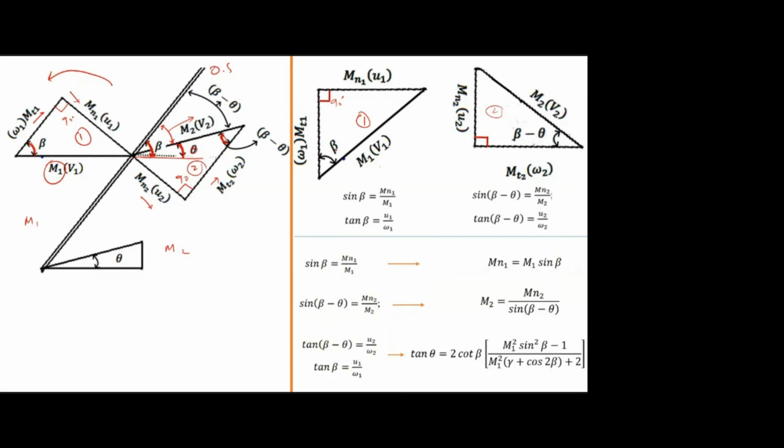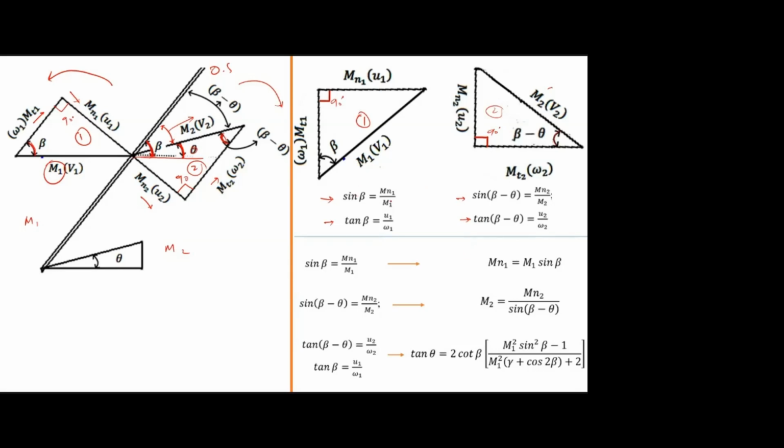Similarly, this one also we can tilt a little bit, so that I'm getting m2, mn2, mt2, and this is beta minus theta. This is 90 degrees. So the same right angle triangles I have just rotated and taken here. Then from this I can write sine beta, tan beta, here sine beta minus theta, here tan beta minus theta.